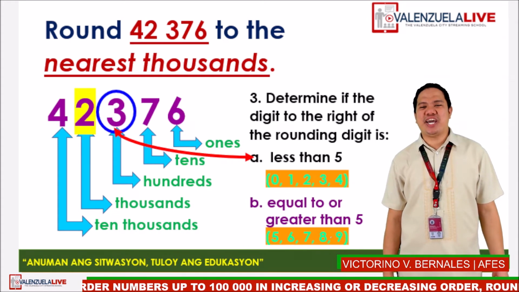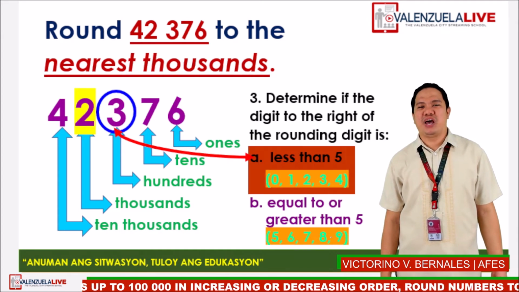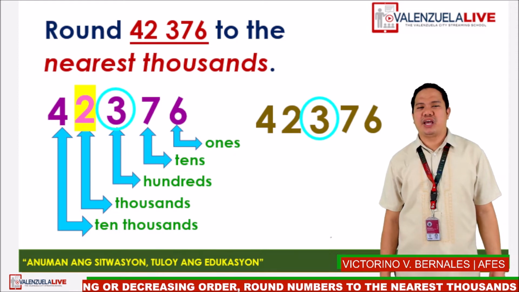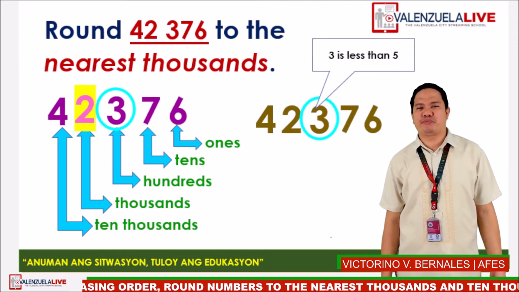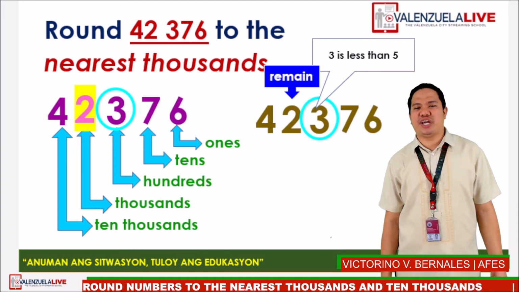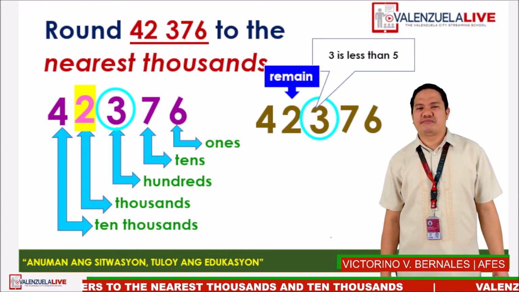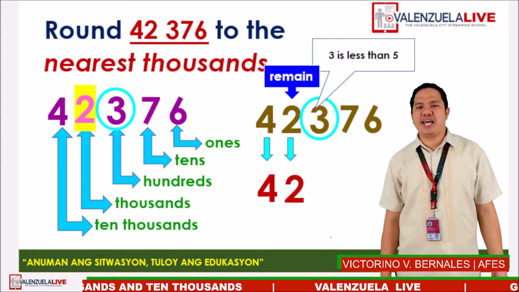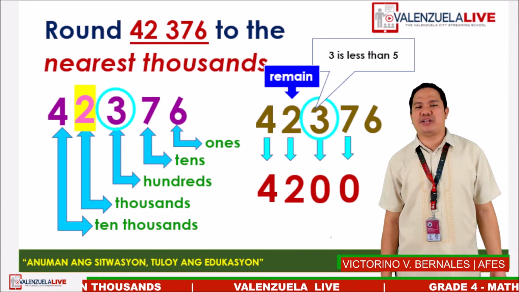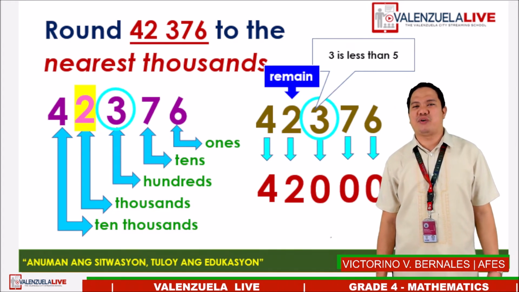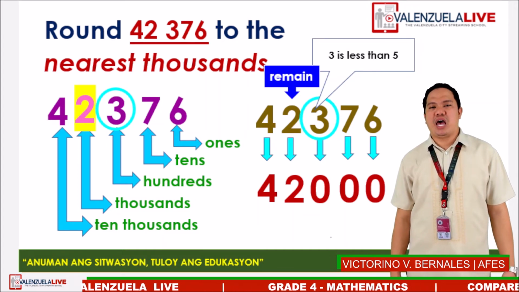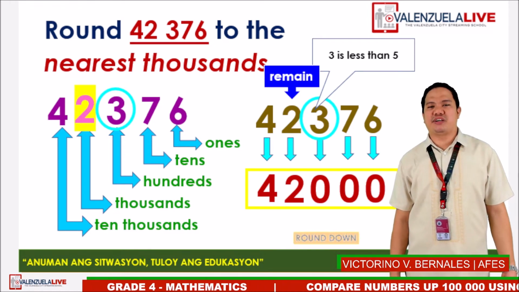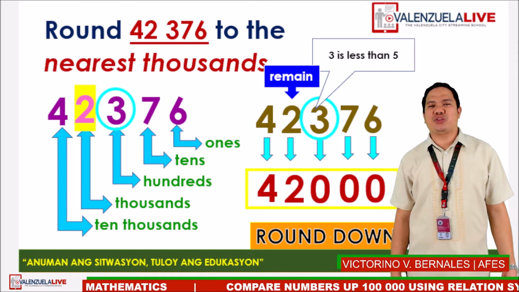Great! 3 is less than 5. Therefore, since 3 is less than 5, we have to remain 2 as our rounding digit. Then copy the digit at the left of the rounding digit. Then replace all the remaining digits at the right of the rounding digit by 0. Thus, 42,376 is rounded down to 42,000.